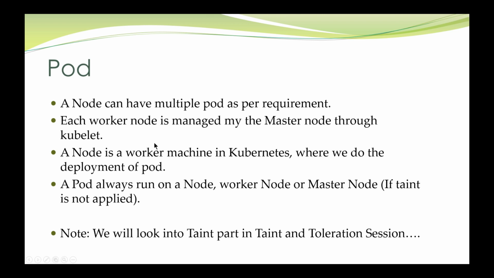A node can have multiple pods as per the requirement. It depends upon the resource availability the node has. If the node is bigger in size, you can deploy multiple pods, and this is good for load balancing if you deploy the pods through a replica set, or most importantly a deployment, which has advanced features that we'll discuss in the next session.